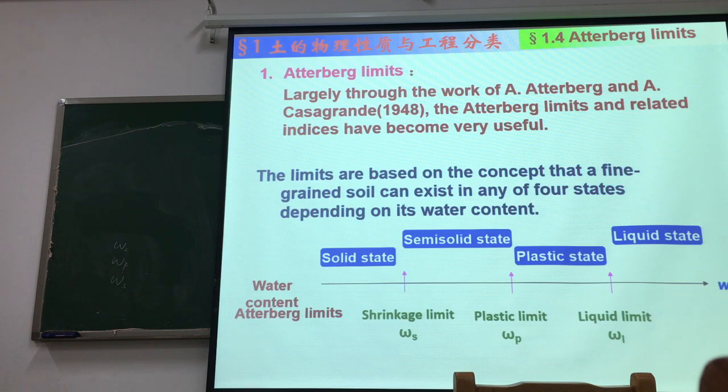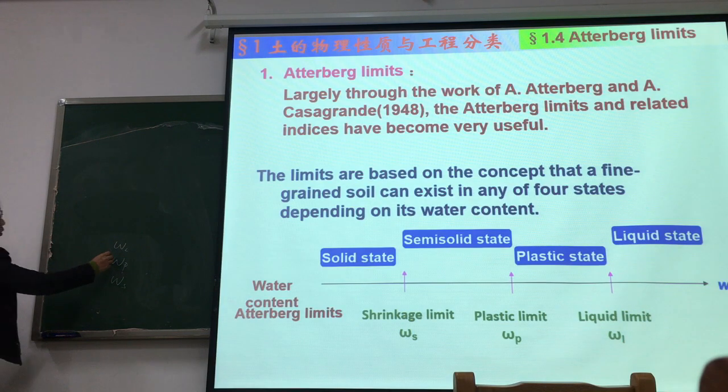Okay. And what is the plastic limit? The water content of the soil at which the soil transforms from plastic state into semi-solid state. Okay. And the shrinkage limit is also a water content at which the soil transforms from semi-solid state to solid state. Okay.